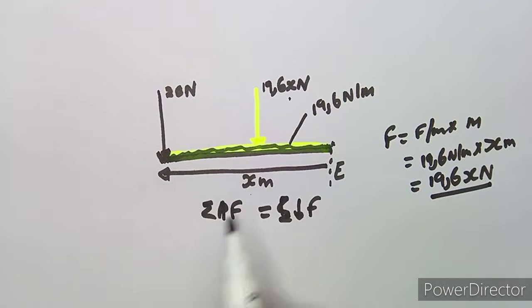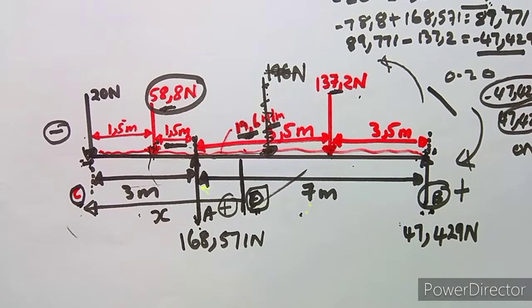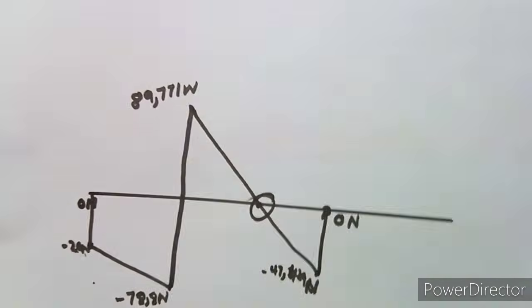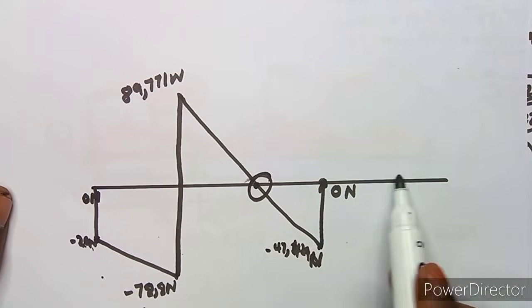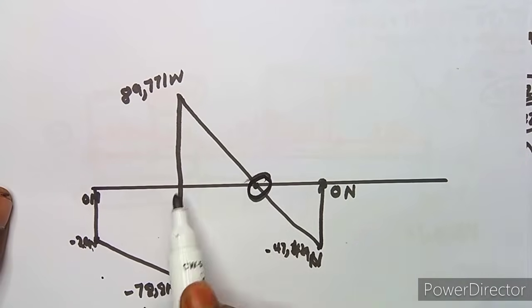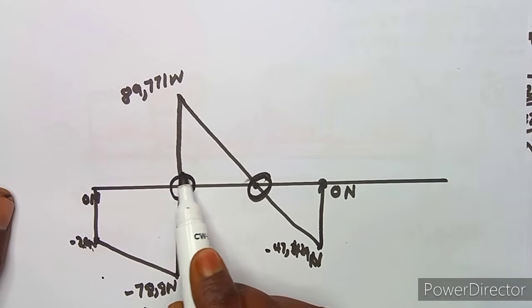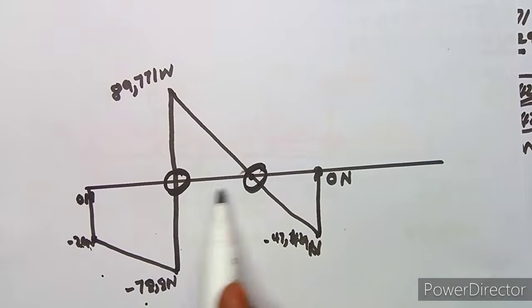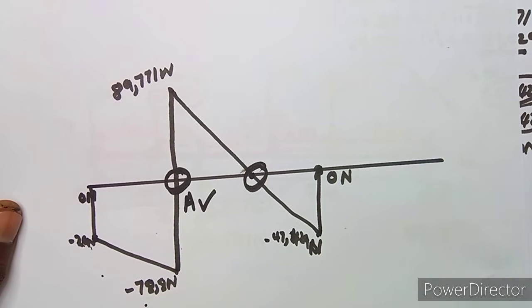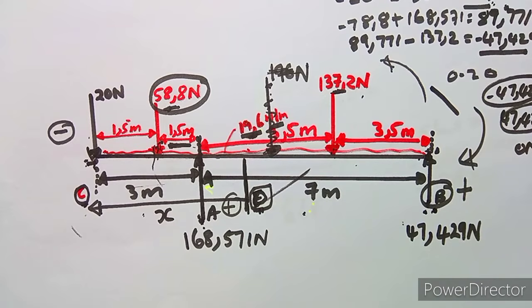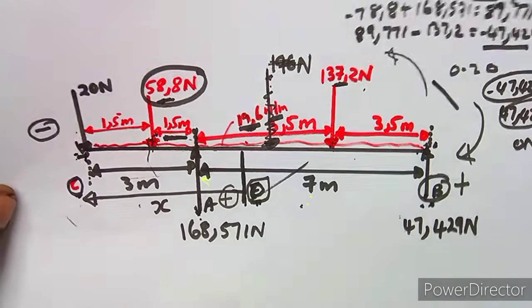The other thing that we are supposed to consider, let me show you from the diagram here, where this line crosses the horizontal line, this point here is actually after the support which was at A. This support here which was at A, this point is after, which means the support at A is supposed to be involved on the diagram.